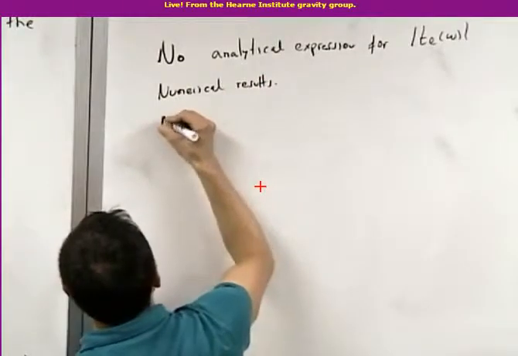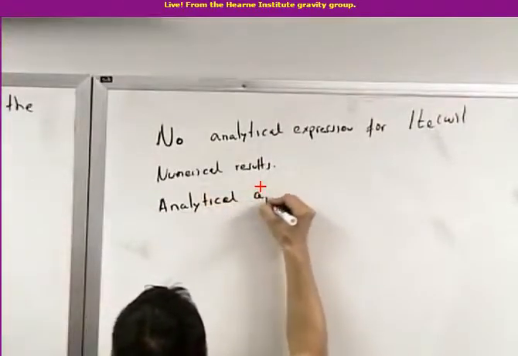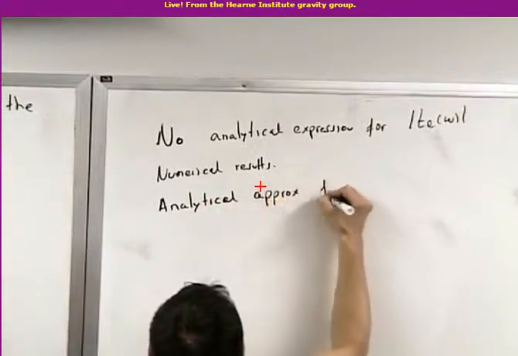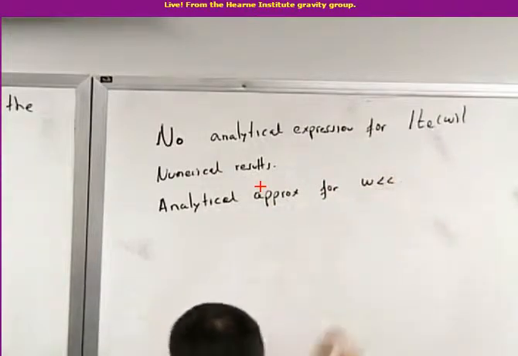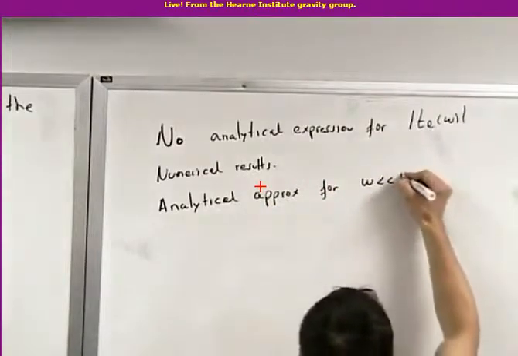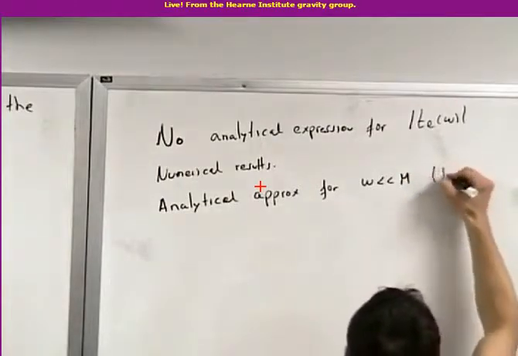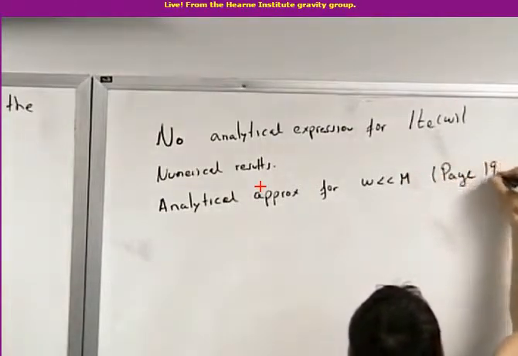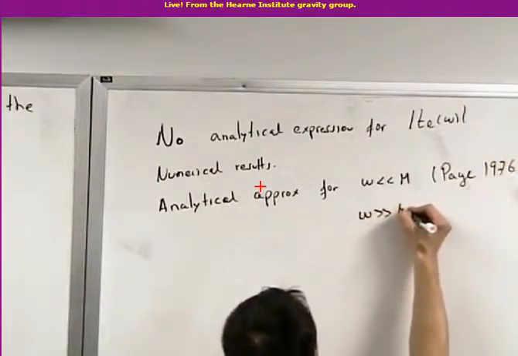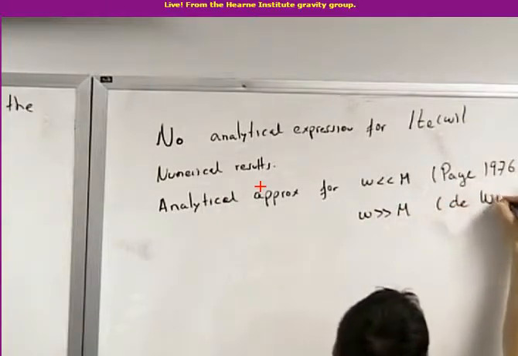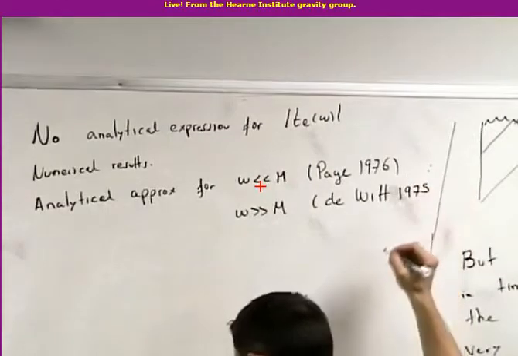But there are also analytical approximations for very small omega, so compared to the black hole mass. And this one was obtained by Page in 1976. And there's also another analytical approximation for very large omega obtained by DeWitt in 1965, I think. 65.